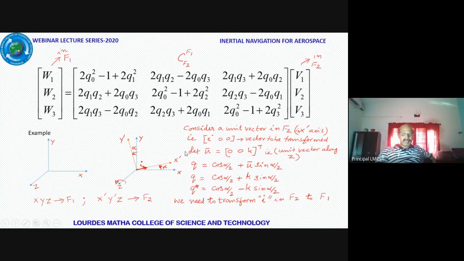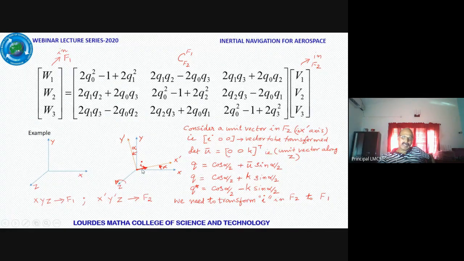Now let's take a small example. Let's take X, Y, Z axes. And I give a rotation about this Z axis by alpha and get my X to X dash and Y to Y dash. My F2 is the new X dash, Y dash, Z. My F1 is X, Y, Z here.